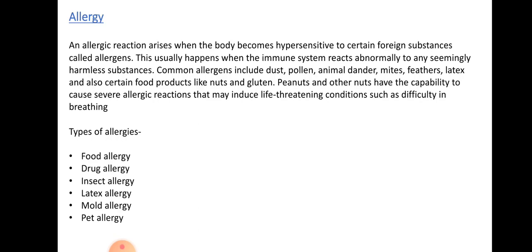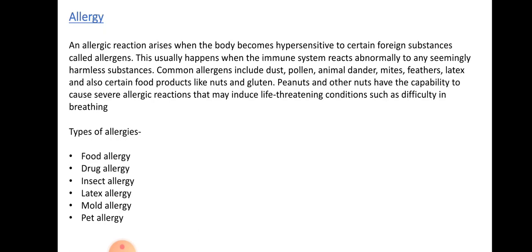There are different types of allergies we can discuss, but I have listed some of them, that is, the food allergy. The food allergy is a condition in which certain food products trigger an abnormal immune response.